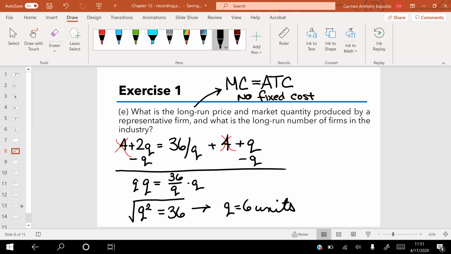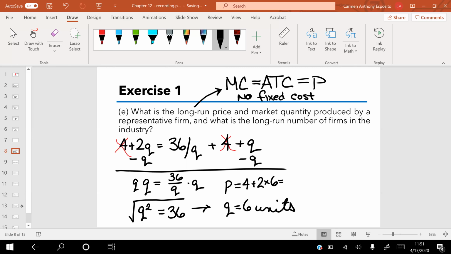Well, remember, we want MC to equal P, right? So to get our price, we're going to take this q and plug it into our marginal cost. So P is equal to 4 plus 2 times 6.